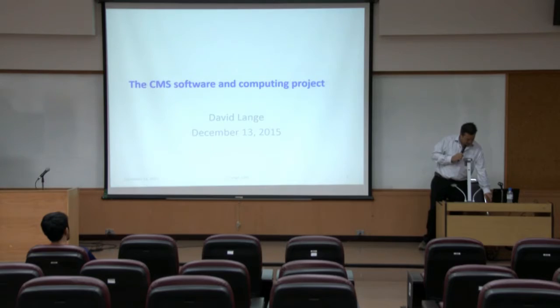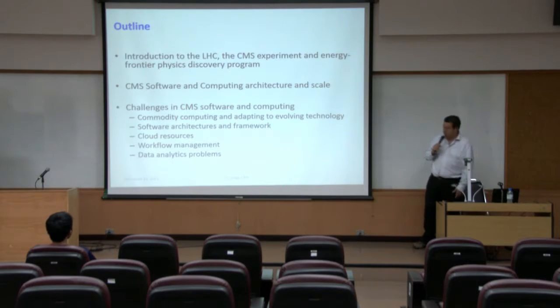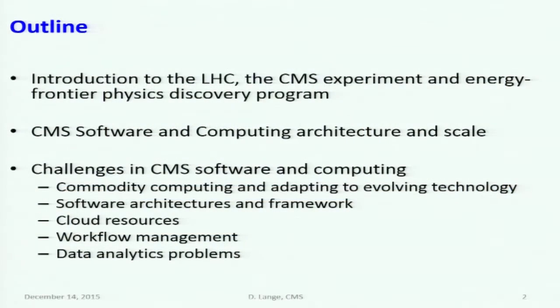So let me see how to go forward. Okay, so just an outline to introduce the sorts of things I'll talk about. I'll talk a bit about LHC and CMS specifically, just to introduce the sorts of challenges that we're facing and the physics we're trying to understand.